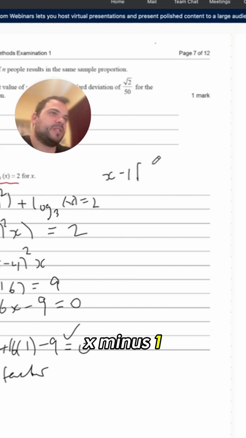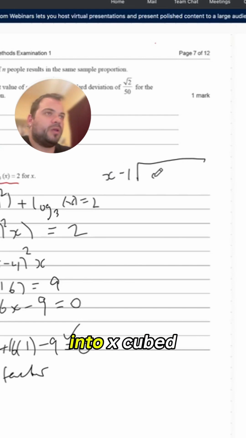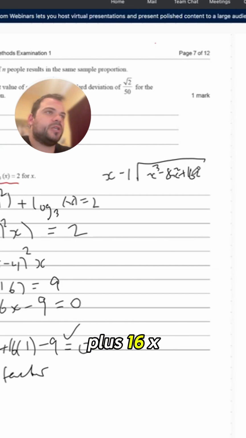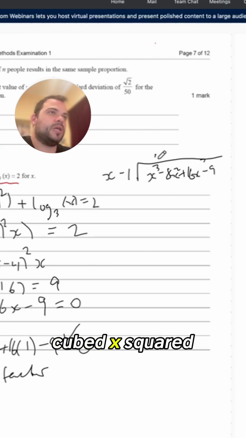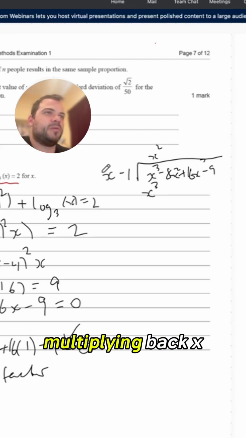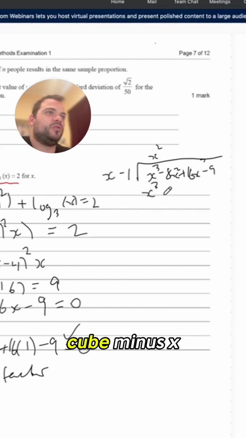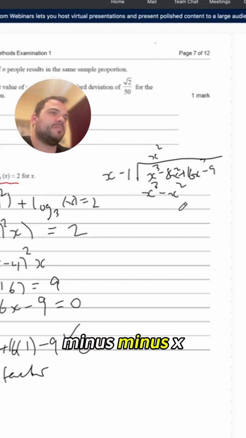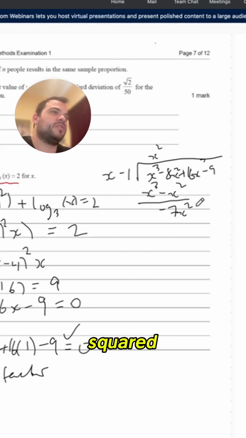So we've got x minus 1 into x cubed minus 8x squared plus 16x minus 9. x goes into x cubed x squared times. So that becomes x squared, multiplying back, x cubed minus x squared. So we've got minus 8x squared minus x squared, which is plus x squared, becomes negative 7x squared.